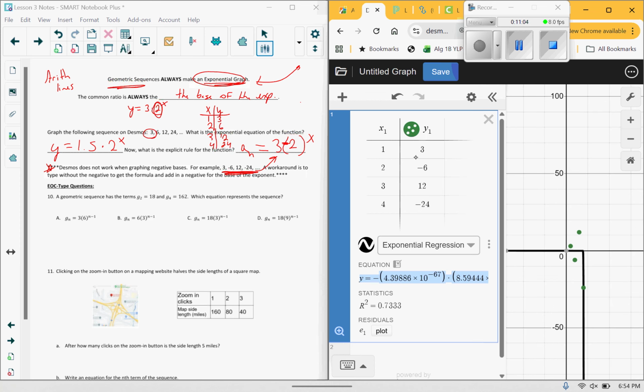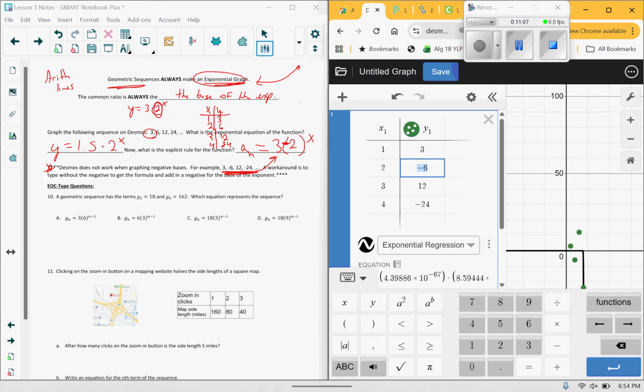So just know if I were to do this in Desmos, I would just make this normal, like 6, +6, +24, and then just know that your pattern is going to be negative. And so I think that'll get you where you need to go.